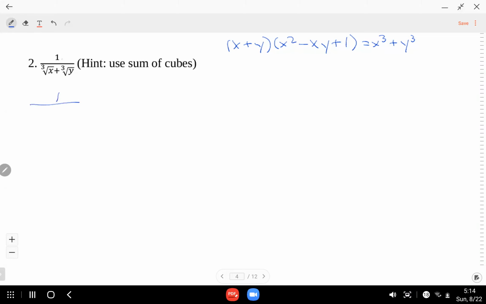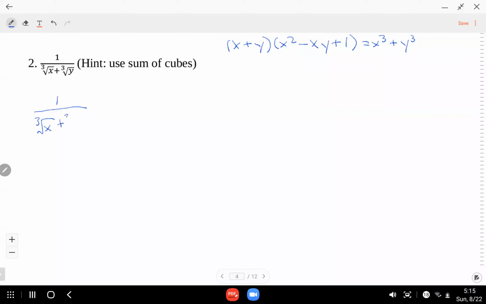So what we need to do to simplify this to its fullest, basically what we're doing here, is rationalizing the denominator. We can't have radicals in the denominator. That's why we need to rationalize it. Otherwise, we would keep it like this.